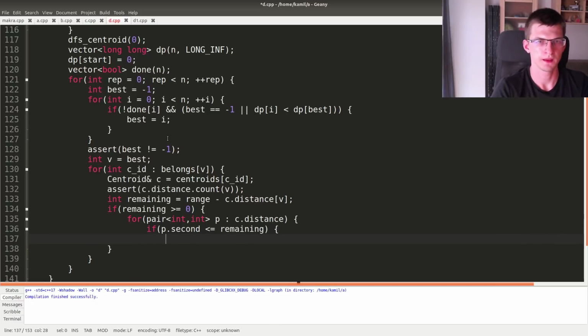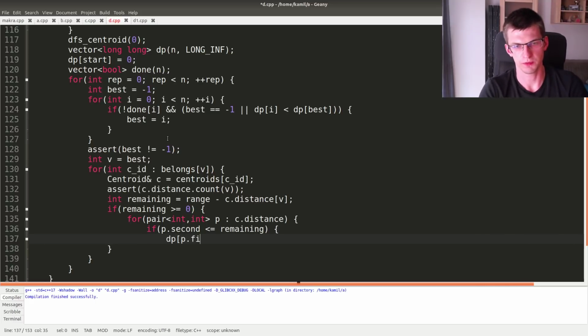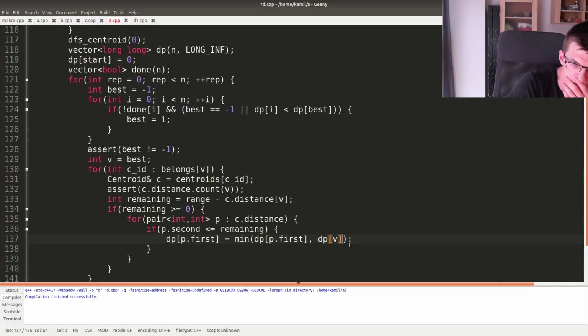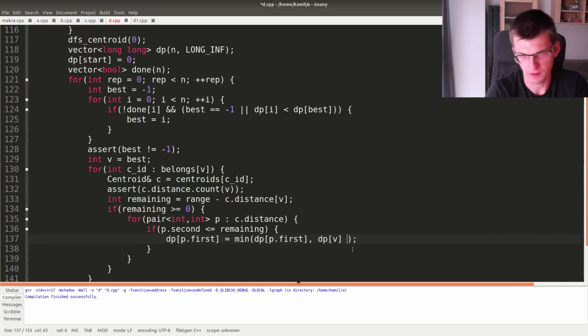This. Then dp of p first is minimum of itself and dp of me plus cost of v plus cost of dp first.